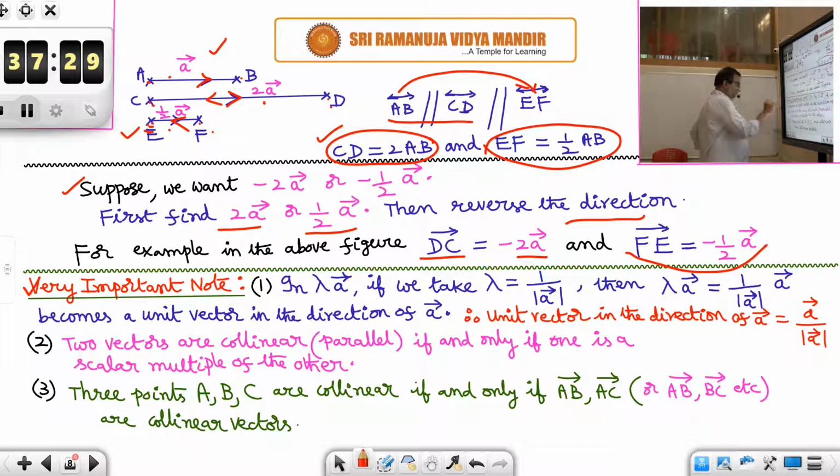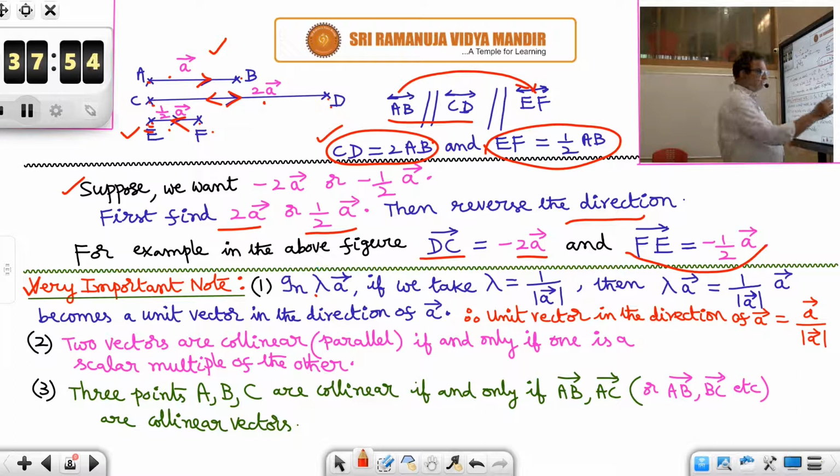Here I have written a very important note. In lambda A bar, this is very, very important. In lambda A bar, lambda is a real number, is it not? We can take any number. Suppose lambda is equal to 1 by mod A bar. Mod A bar is the magnitude of the vector A bar, is it not?